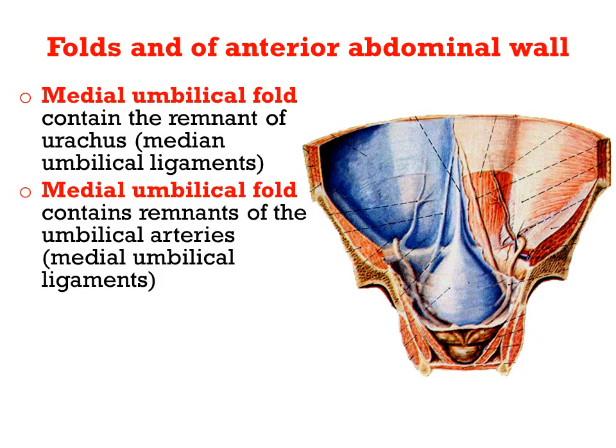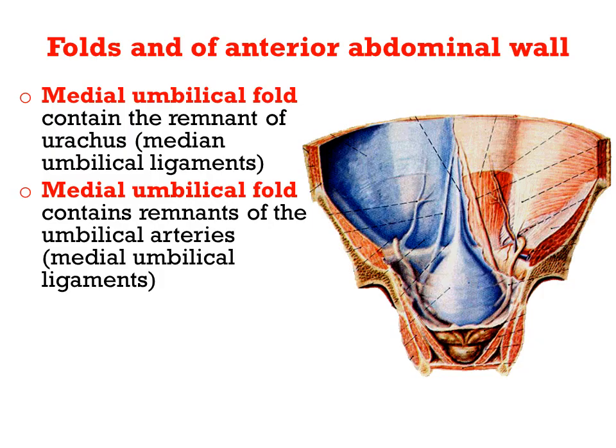The first one is the median umbilical ligament, and the second is the medial. The median is in the midline, attached to the apex of the urinary bladder, a single median fold, and the two lateral folds from the median one are the medial umbilical folds containing the umbilical arteries.